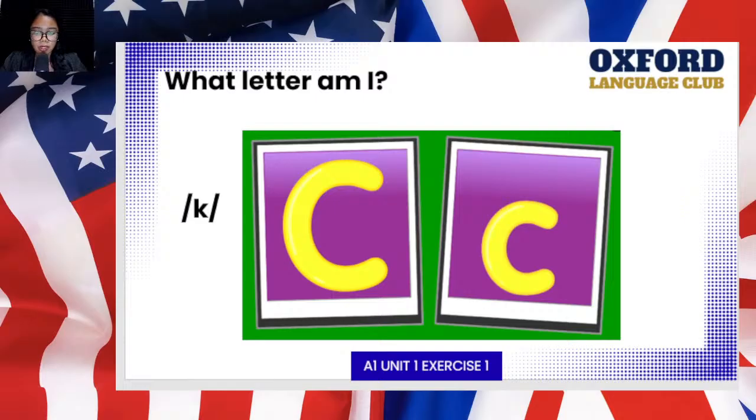We have letter C. The name of the letter is C, and the sound is K. I'm going to say the name of the letter first and then its corresponding sound. The first letter is C.